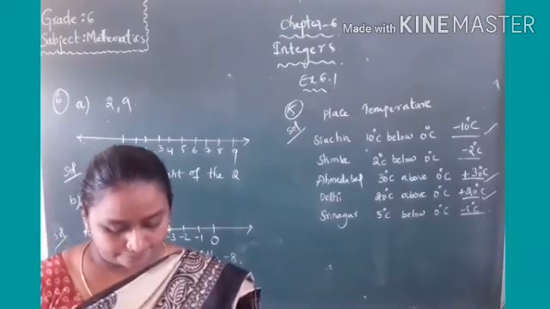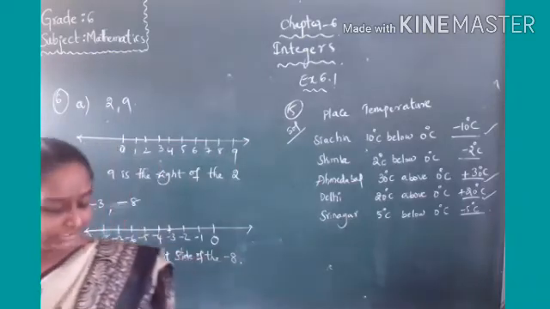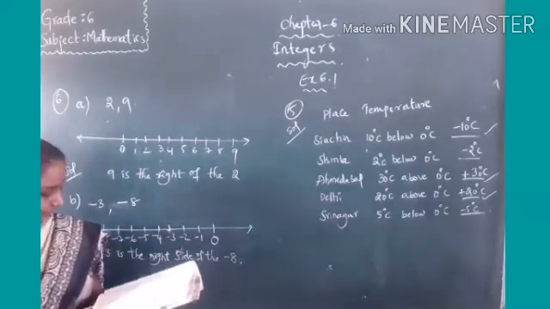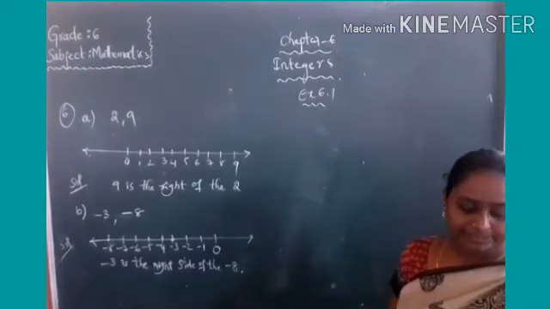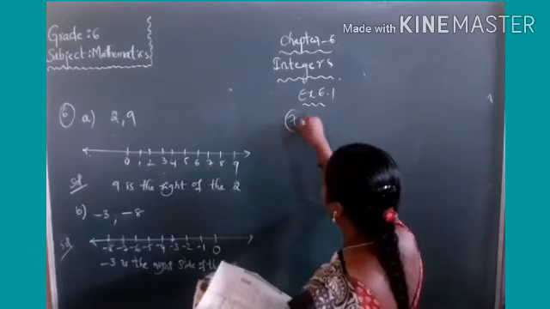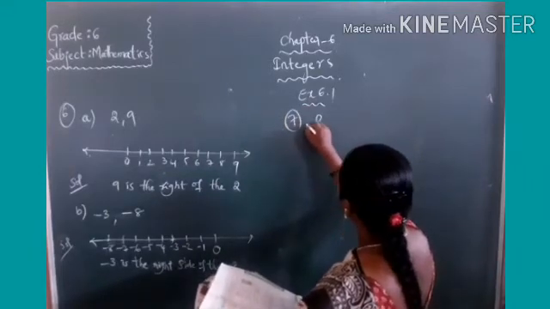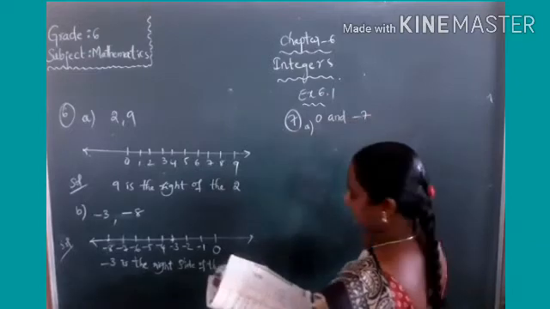The remaining C and D you have to do yourself. Next, the seventh one. Write all the integers between the given pairs, in increasing order. First A: 0 and minus 7.